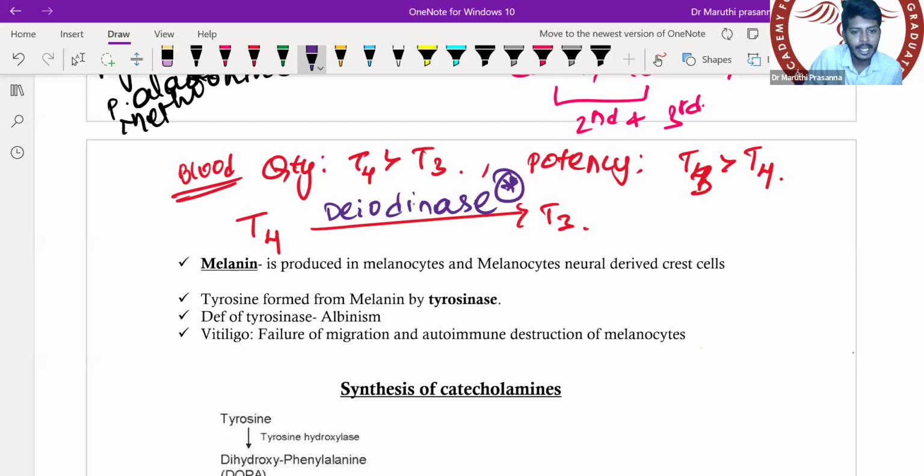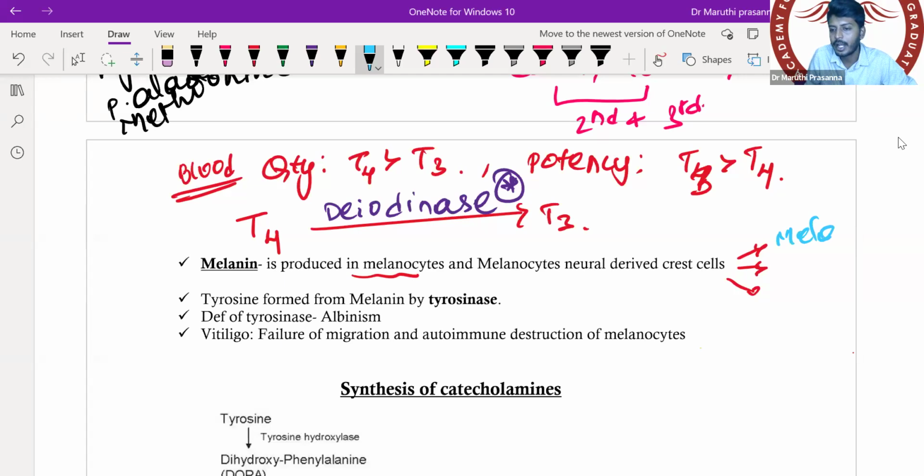Now, next one is melanin. Melanin is produced in melanocytes, and melanocytes are embryologically derived from neural crest cells. So let's understand the derivatives of neural crest cells.